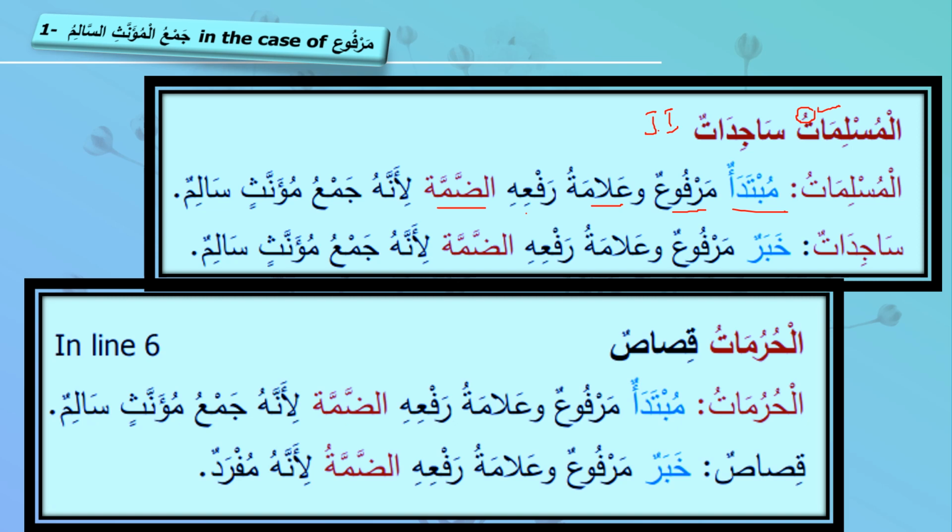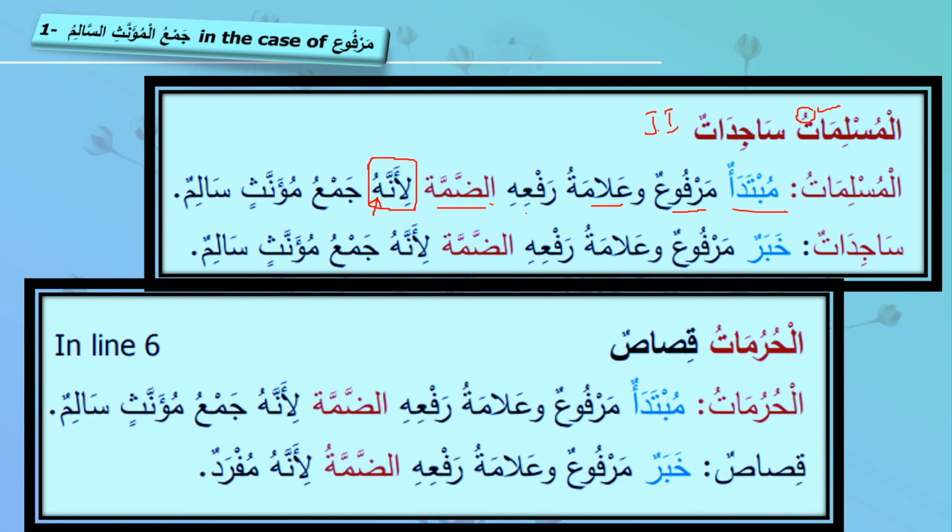You have to give your reason. Li annahu: anna is a particle, the sister of inna, it works as inna and follows the same rule, and in this case li anna is just extra information. Li anna is the particle, and who is the ism li anna? It means because it is Jama Muannas Salim.